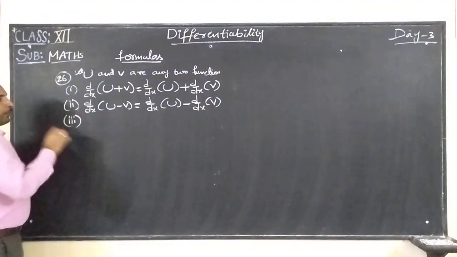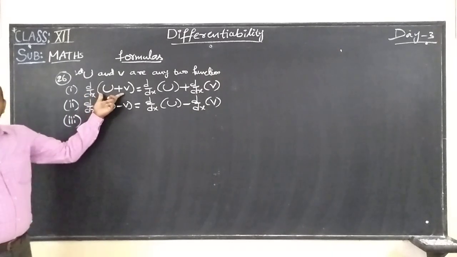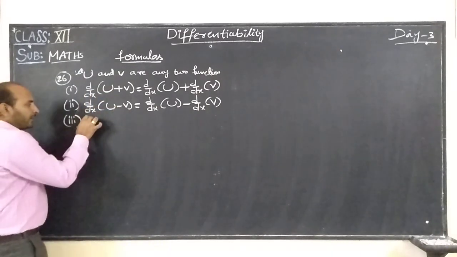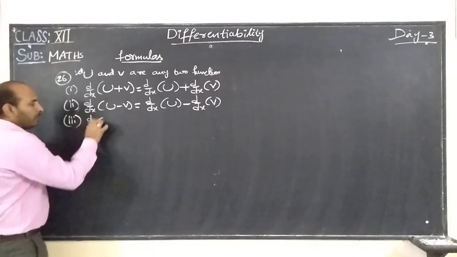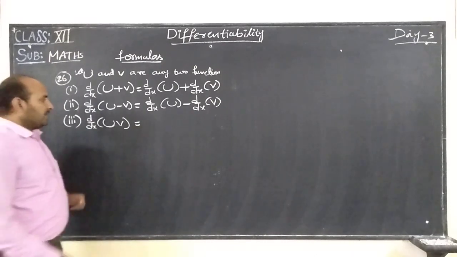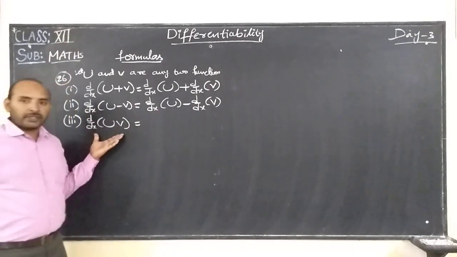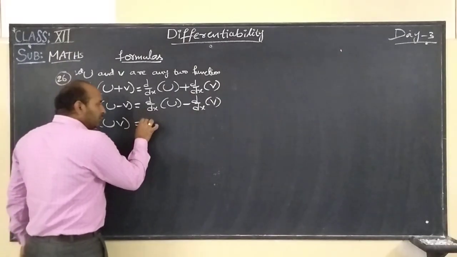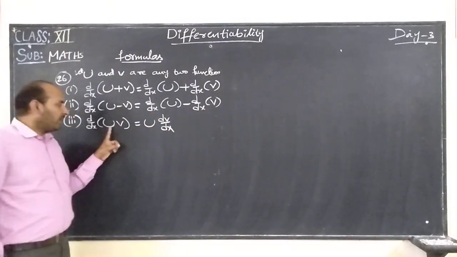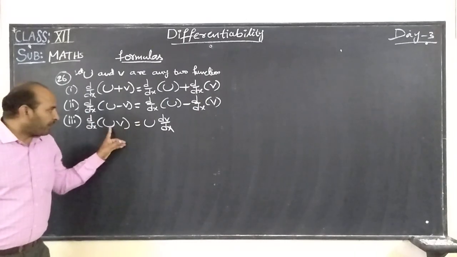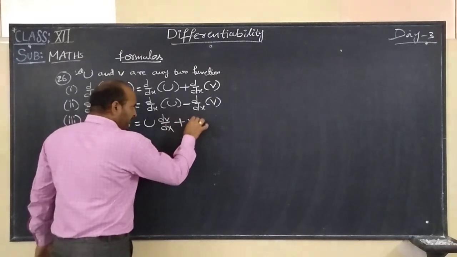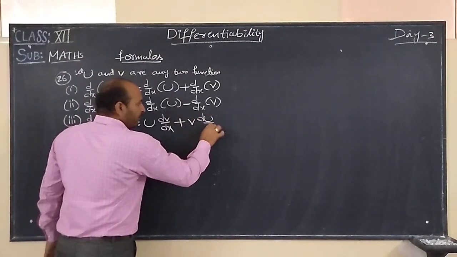Next, the product rule. After the addition and difference of two functions, d by dx of uv, the product of two functions. Already you know this is the product rule: the first function into the derivative of the second function, plus the second function into the derivative of the first function.